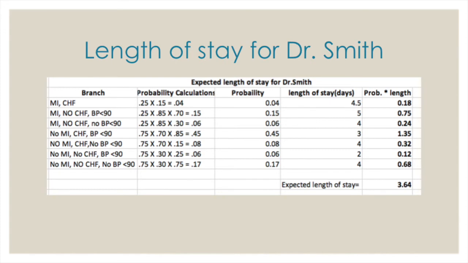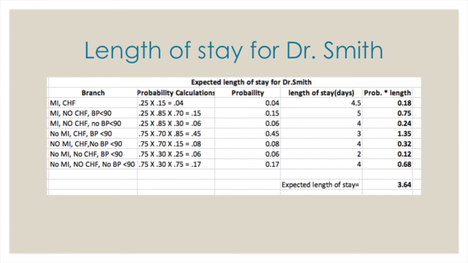Using Excel, you're going to want to make a chart by following the probability of each node in the decision tree and finding the length of stay associated with each option. At the end of the chart, using the product function, you're going to want to multiply the probability and the length of stay for each option. And then at the end, you're going to add up all the calculations to get your expected length of stay using the sum function.